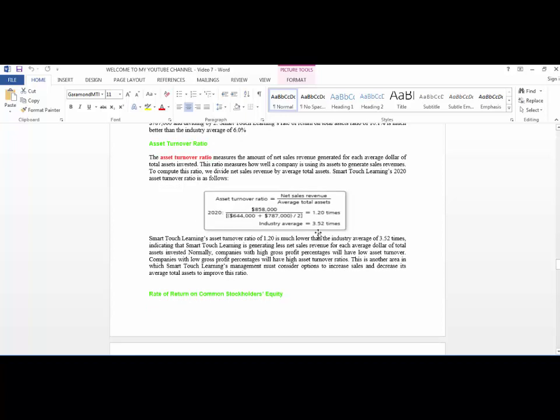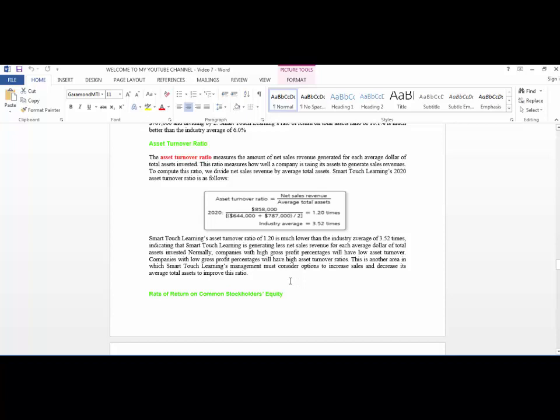If you compare the industry average with the 2020 asset turnover, it is lower than the industry average, which is 3.52 times. It shows that the company is generating less net sales revenue for each average dollar of total assets.